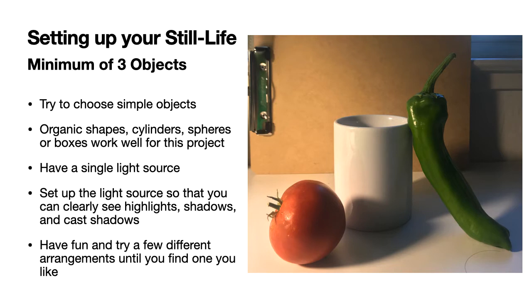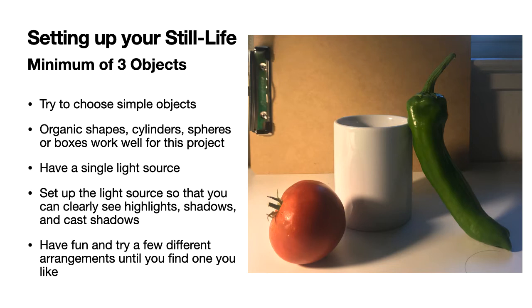You should have a single light source, meaning you should set up a lamp of some kind that will neatly cast highlights, shadows, and cast shadows. So one single light works best for this, and having it at a very close distance to your objects will help set up those cast shadows.